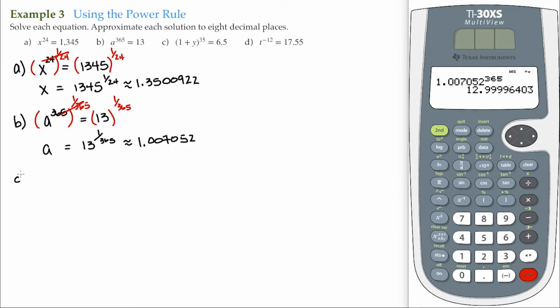Here's C. That's 1 plus y, raised to the 35th power, and that's equal to 6.5. Again, using the power rule for exponents, I'm going to raise this whole thing to the 1 over 35 power, and with algebra, do the same to this side.